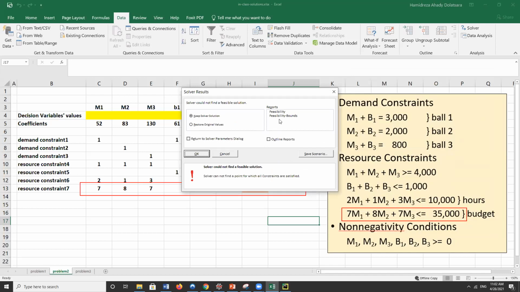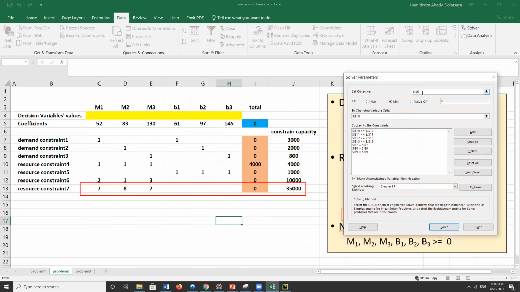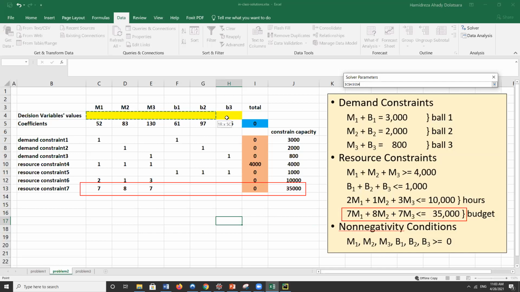So let's just solve it. Okay, it seems we couldn't solve it. Let me see what the issue was. Okay, I accidentally clicked on the decision variables. So the decision variables should be this part.